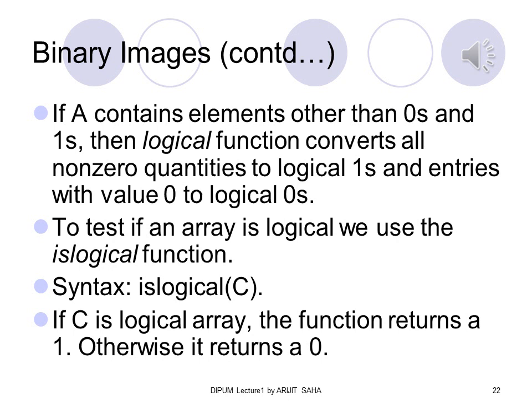To test if an array is logical, we use the islogical function. A very simple syntax: islogical(C). If C is a logical array, the function will return a value of 1, otherwise it returns 0.